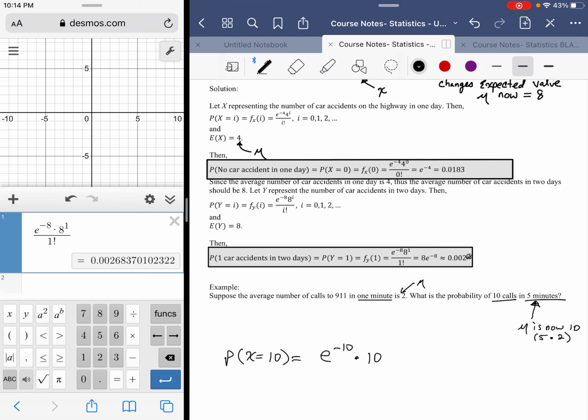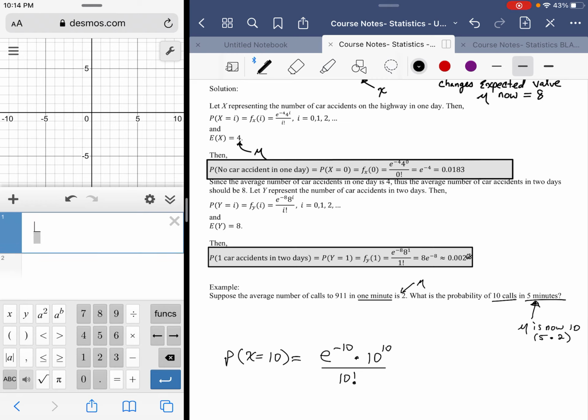I is going to be dependent on the discrete value that we're choosing, in this case 10, so 10 to the 10th, it's going to be huge, over 10 factorial. So huge numbers divided by other huge numbers.